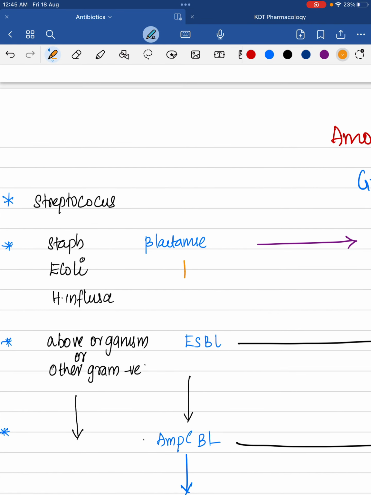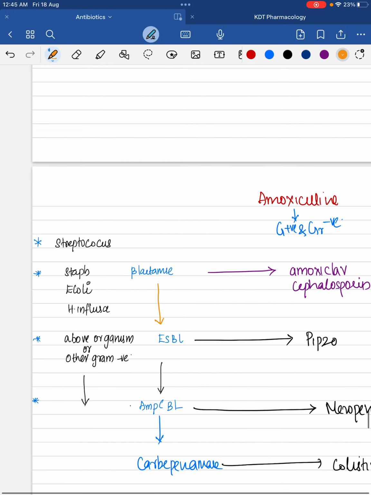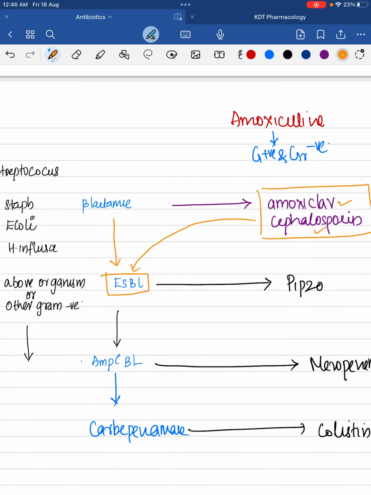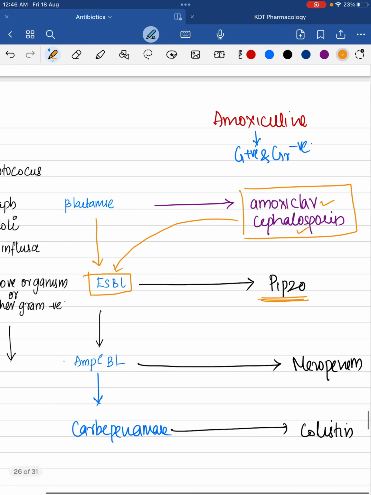Some bacteria, after producing beta lactamase, when we give these antibiotics, will start producing extended spectrum beta lactamase, which means amoxiclav and cephalosporins also will not be effective. At that time, what will we do? We have to add pibzo. Pibzo acts against gram negative organisms even though they produce extended spectrum beta lactamase.